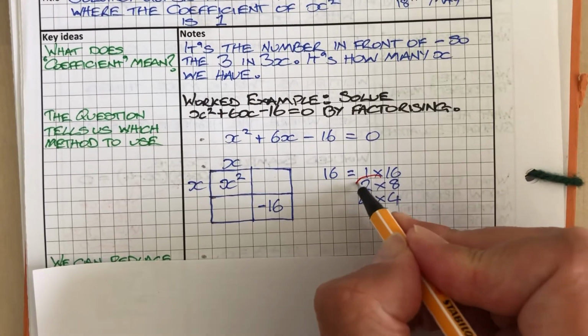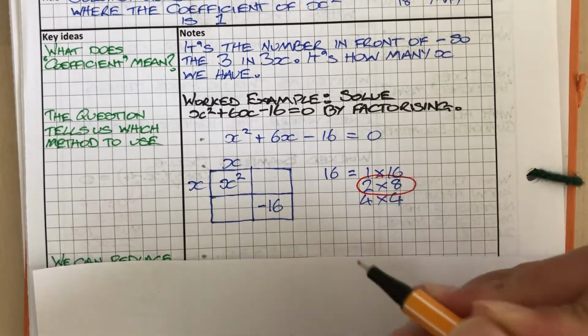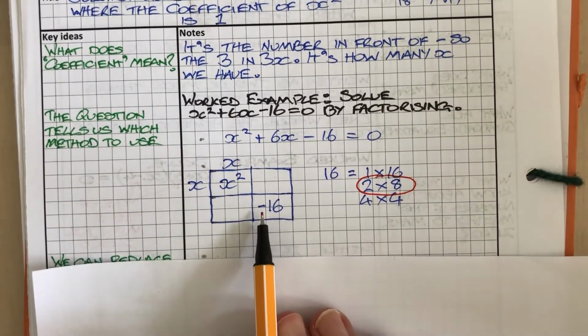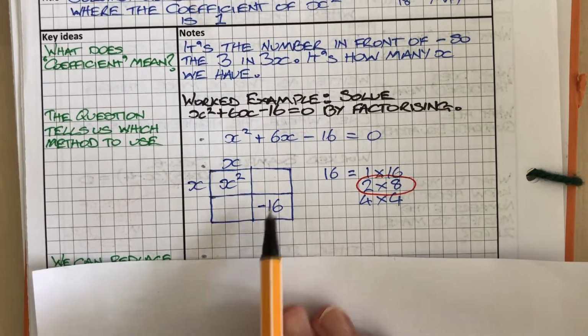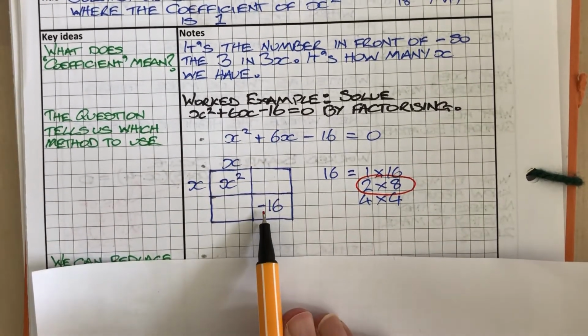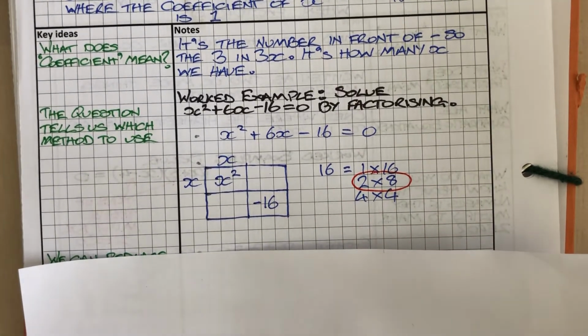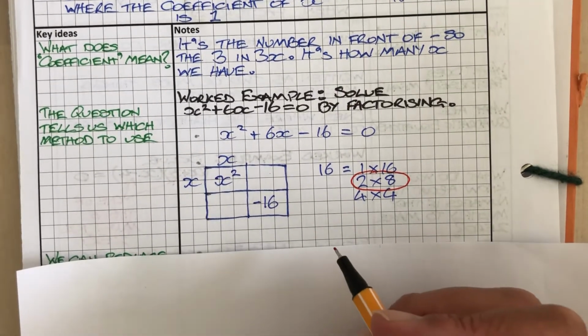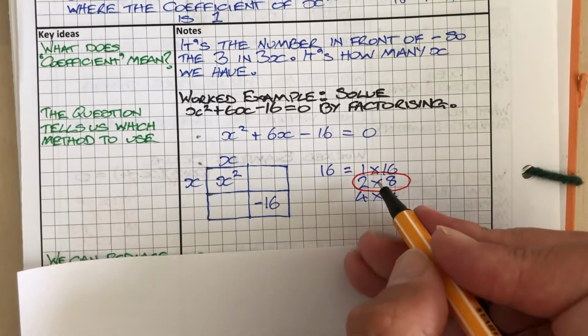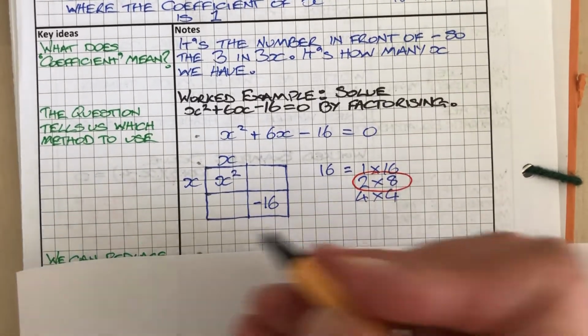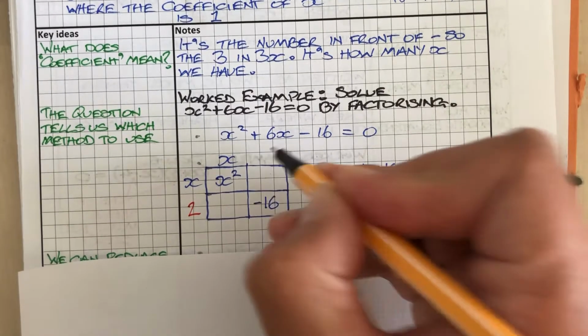It's 2 and 8. Because this is minus, they need to subtract to make the middle number. If this was positive, they would need to add to make the middle number. Okay, you've done this before. So I know then that my numbers are 2 and 8. So I'm going to put a 2 here and I'm going to put an 8 here.